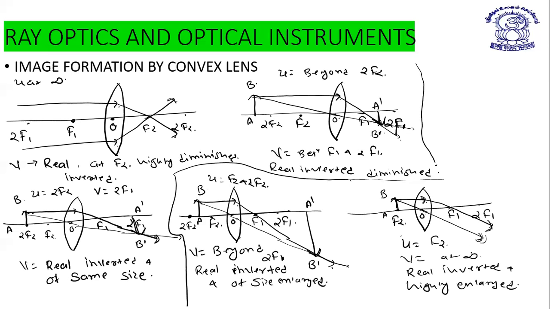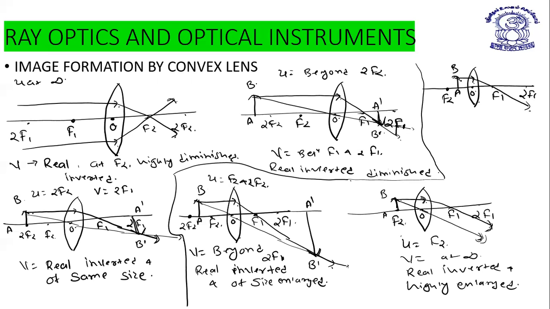In the last case, if we keep the object between optical center and focus, we are incidenting a ray parallel to the principal axis. After refraction, it will pass through focus F1.